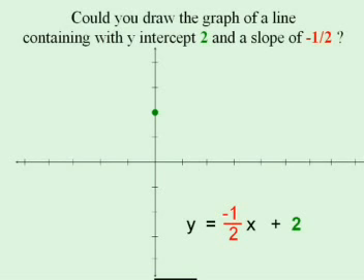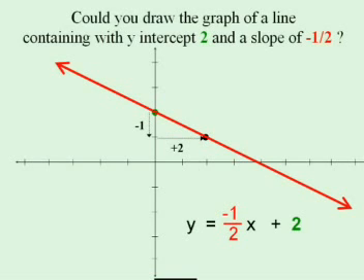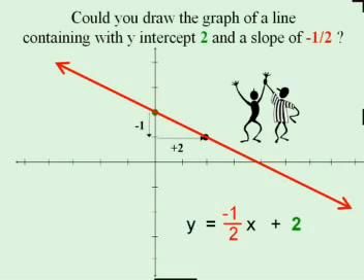And remember what the slope means. Between any 2 points, I'm going to execute the slope of going down 1 and over 2 and find another point. So really, if I had the equation, I could draw the line just that quick. How cool is that?